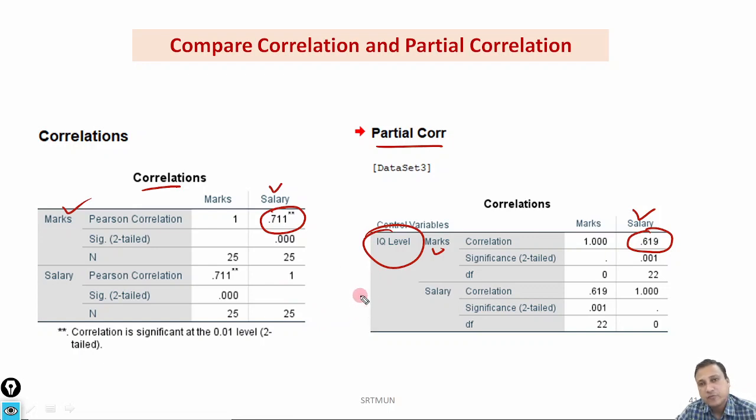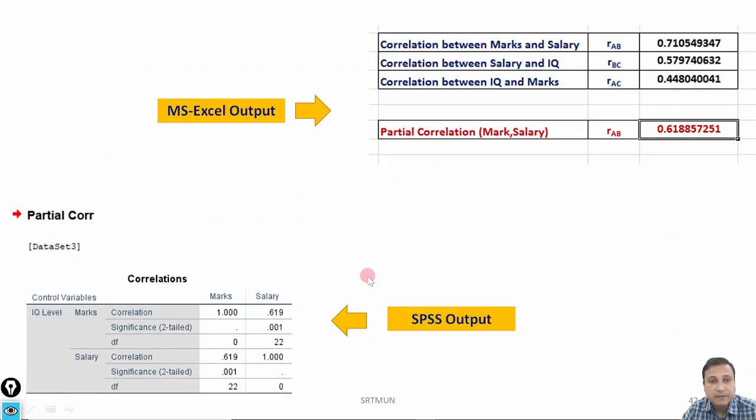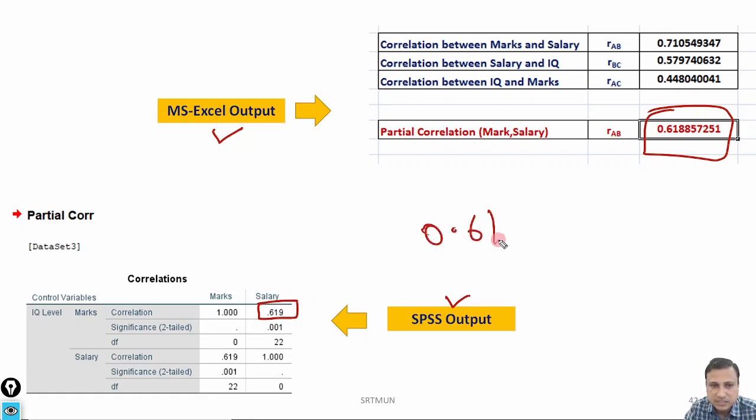So if we are going for the analysis or the interpretation part, it is always better to go with the partial correlation controlling the other variables. It gives you the proper kind of interpretation. Now if I take you to this MS Excel comparison between the MS Excel output and SPSS output, we'll find that in both cases the value is the same, that is 0.61.